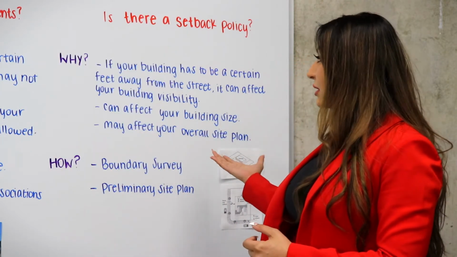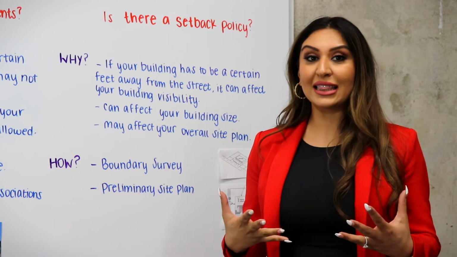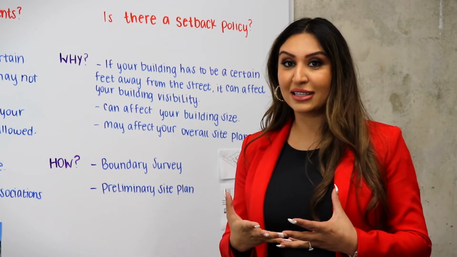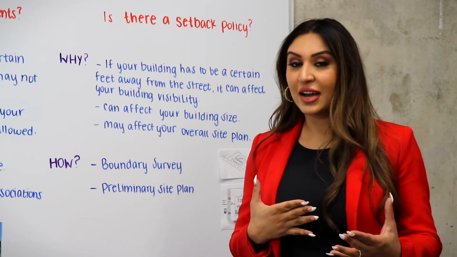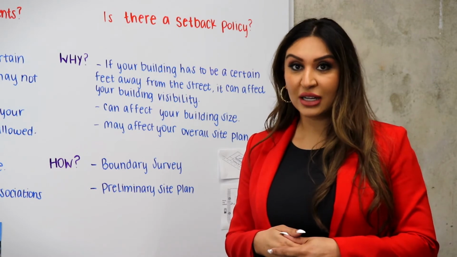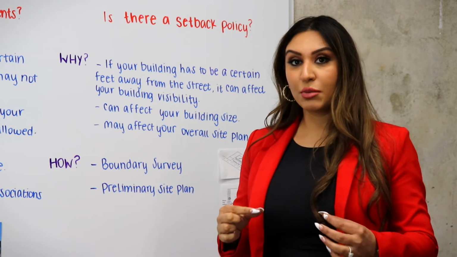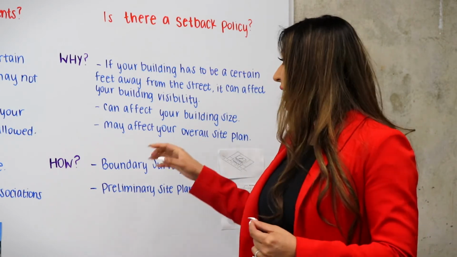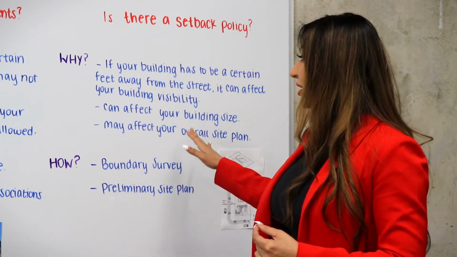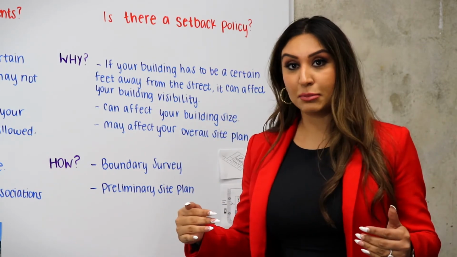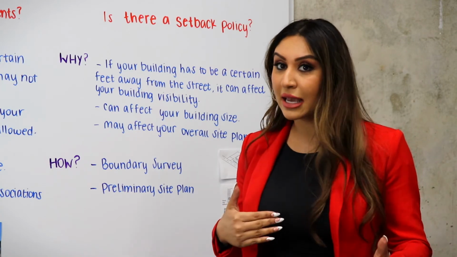So if you're building anything on a tight piece of land which doesn't have that much room, that is something so important to know from the beginning. It's so important to know if you do have those setbacks, those landscaping setbacks.